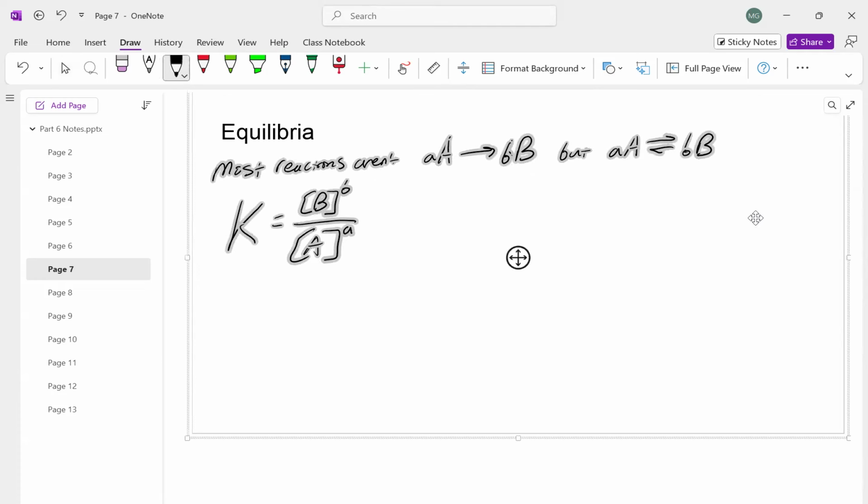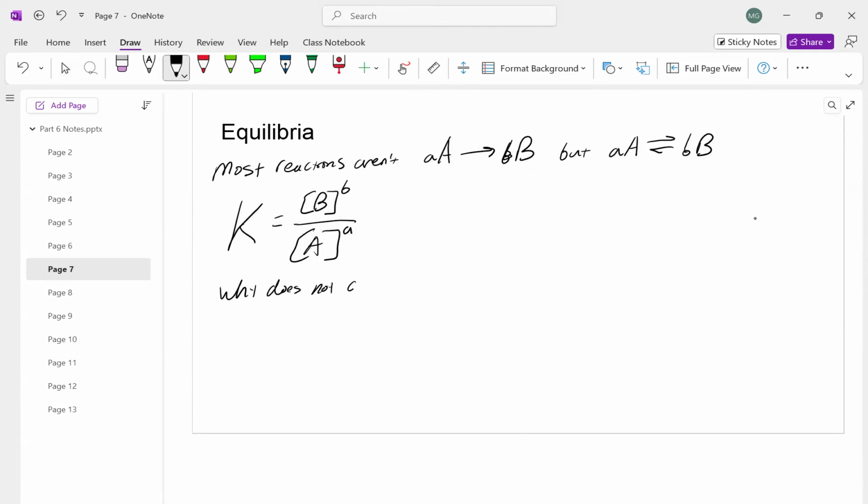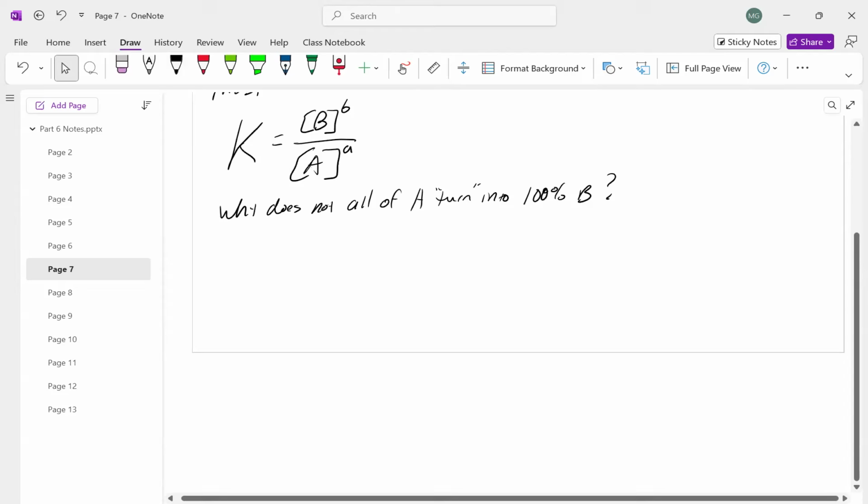But let's take a look at why not all of A turns into 100% of B. That's a very rare thing to happen in a chemical reaction. And so in order to look at this, we've got to look at the energetics.